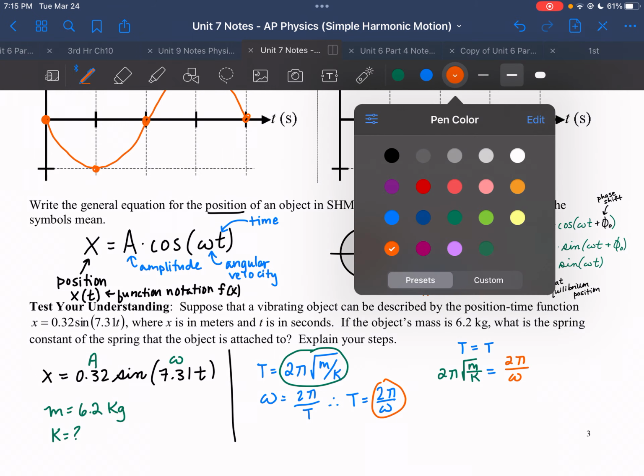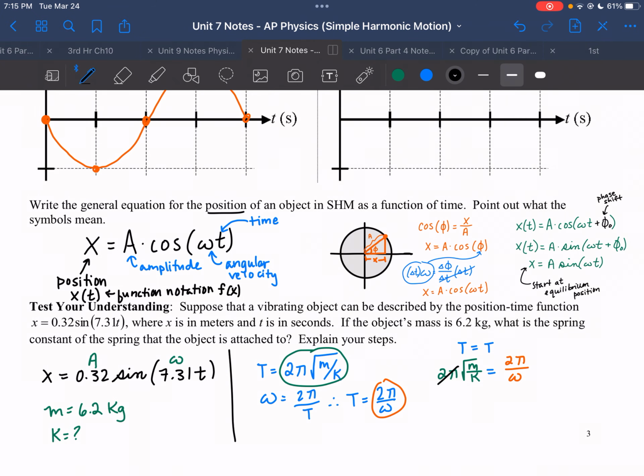Now, we're going to keep simplifying here. We have 2 pi on both sides, so I can divide by 2 pi. So I now have the square root of m over k is equal to 1 over omega. If I square both sides, that would give me m over k is equal to 1 over omega squared. And now I'm just going to simplify by solving for k. So I'm going to multiply both sides by k to get that out of the denominator. And then I'm going to multiply by omega squared to get that out of its denominator.